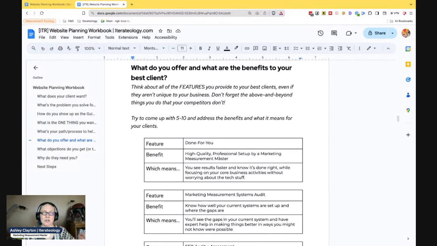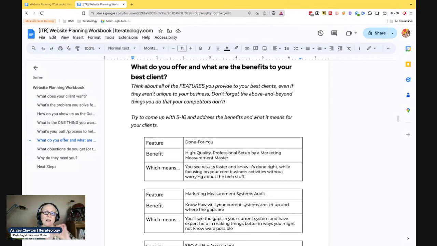Being able to connect those makes it a lot more compelling than just saying, hey, this is done for you, so you get a professional setup, and then leaving it to them to interpret. The less you leave open to interpretation, the clearer the path you're creating for your potential customer is. And that is the core of copywriting.